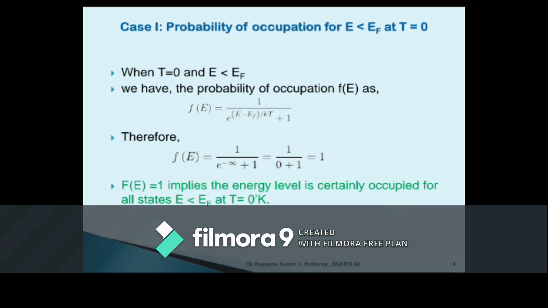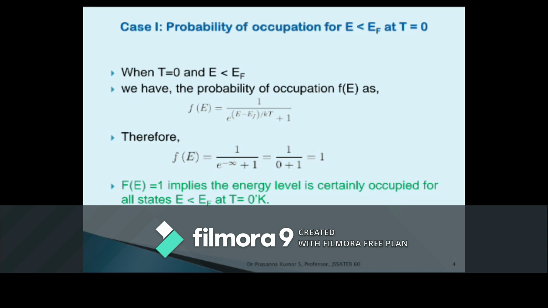Look at here, our situation is temperature 0 Kelvin, and we are looking at the energy levels of the electrons, all below EF, the levels below the Fermi energy. Look at the bracket, within the exponent: E minus EF.